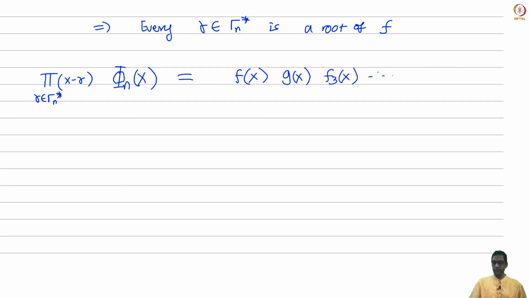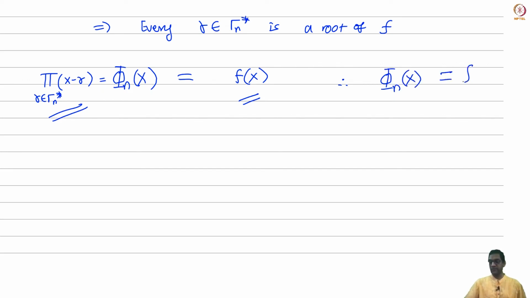But what we have just proved is that all these roots are roots of f of x itself, which means that none of these other factors could have existed. Everything is already a root of f of x. Remember, f was irreducible, it was the first irreducible factor. Therefore, we have shown what we claimed: phi n of x is f, and therefore is irreducible.